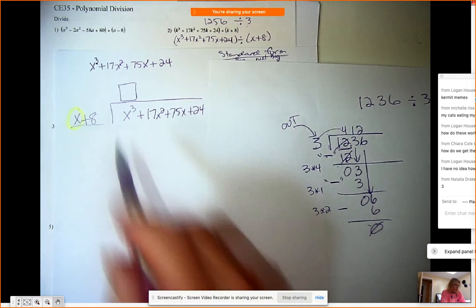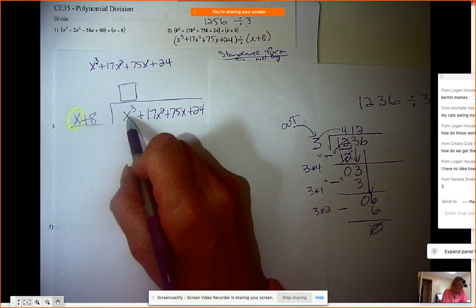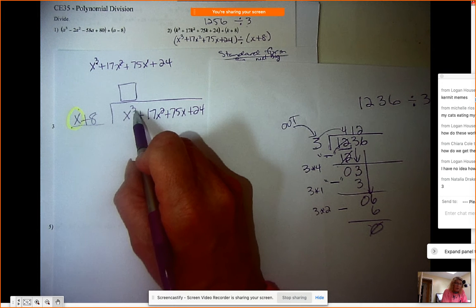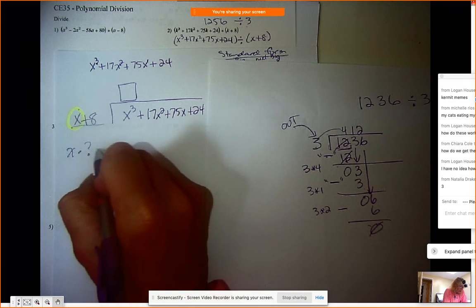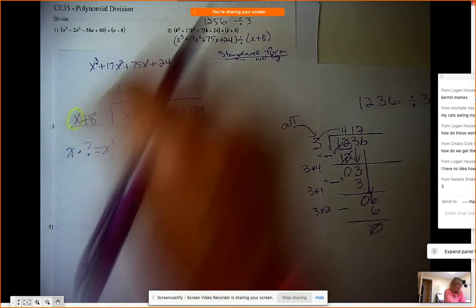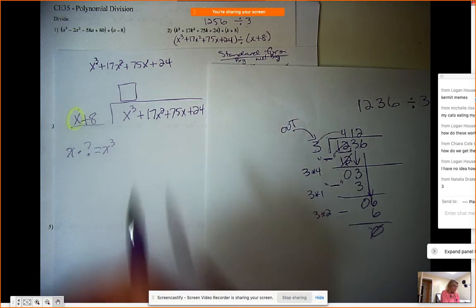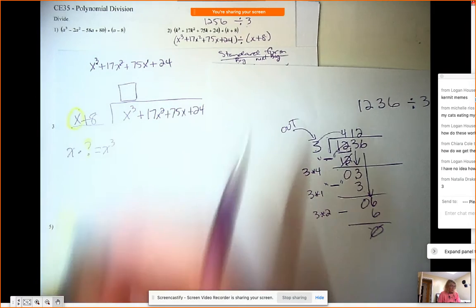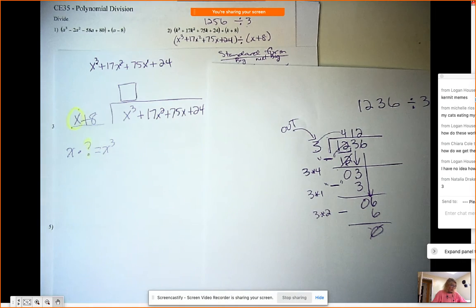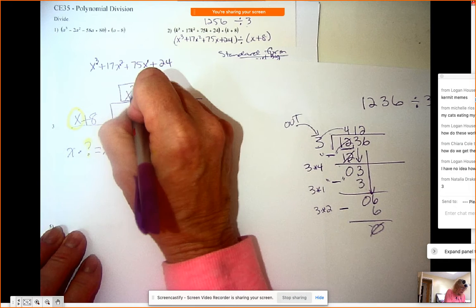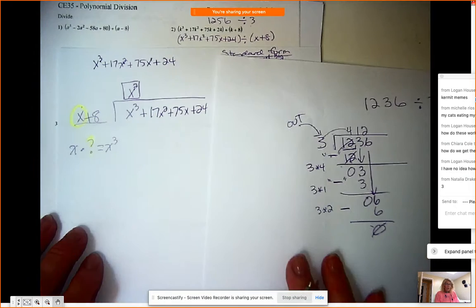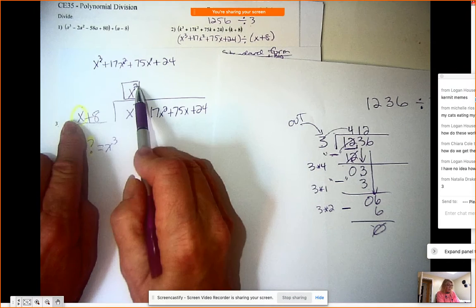And what I'd like is for it to be exactly x to the third power. So what do I need? X is going to multiply something, and I want it to be x to the third power. Somebody tell me, what do you think this question mark might be then? Would it be x to the second power? It would be. Okay, because x times x squared is x cubed.